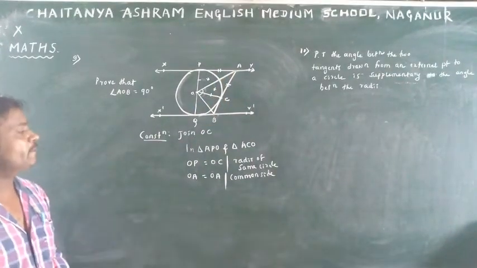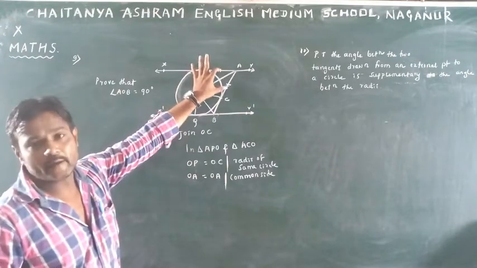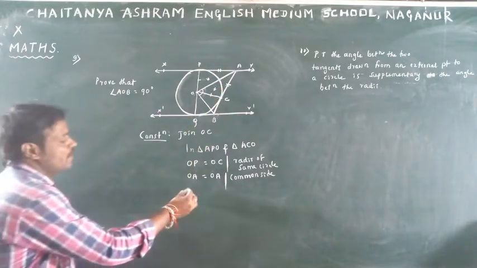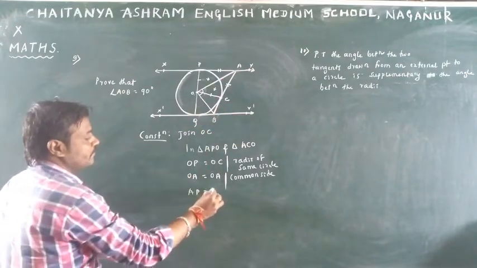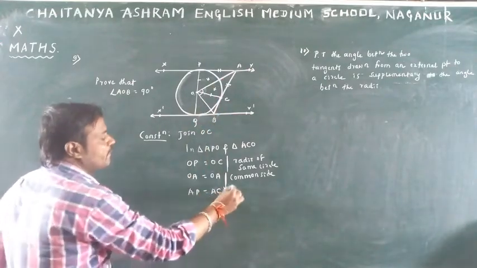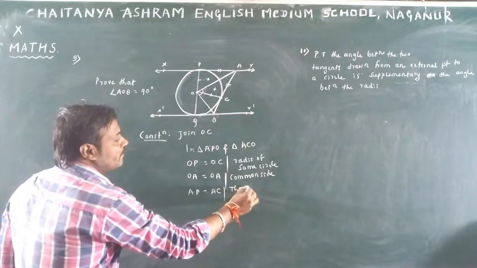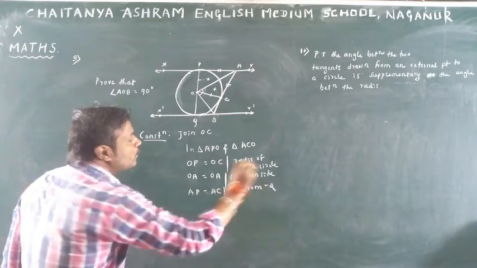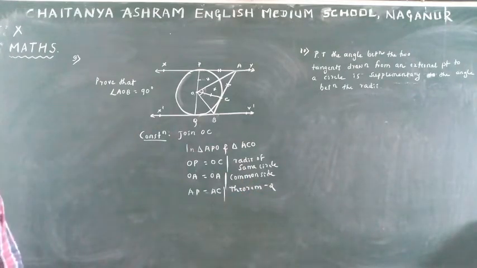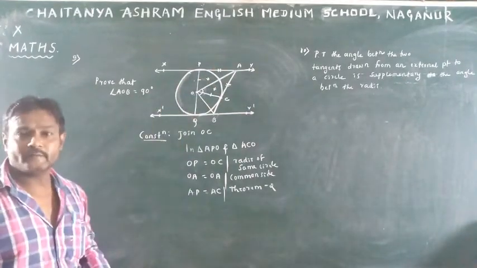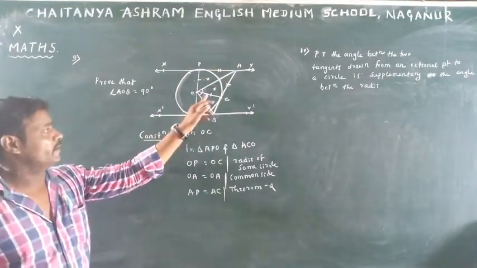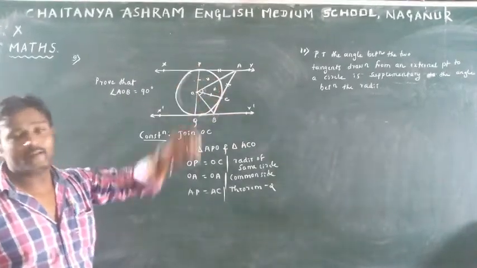So by theorem number 2, AP equals AC. Now all the three sides of this triangle are correspondingly equal to the three sides of this triangle.